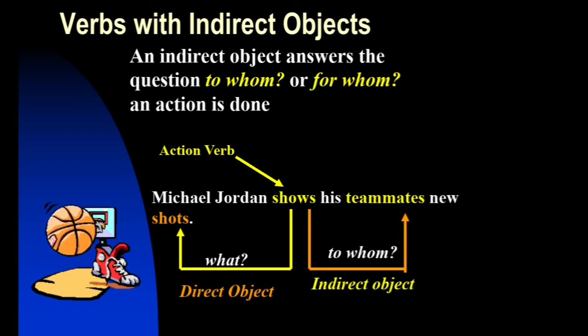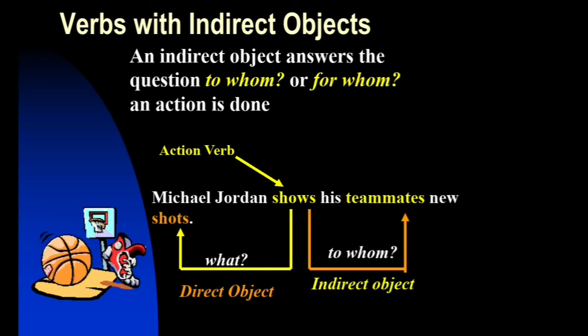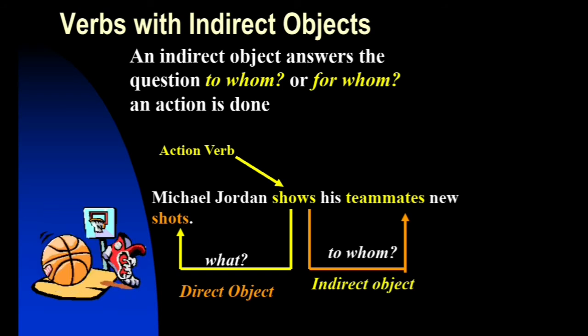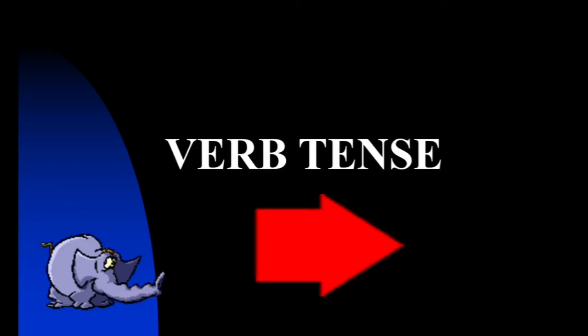Here, shows is an action verb, and if you ask the question to whom, you will get the answer teammates. So teammates is the indirect object, and if you ask the question what, you will get the answer shots. So shots is the direct object.